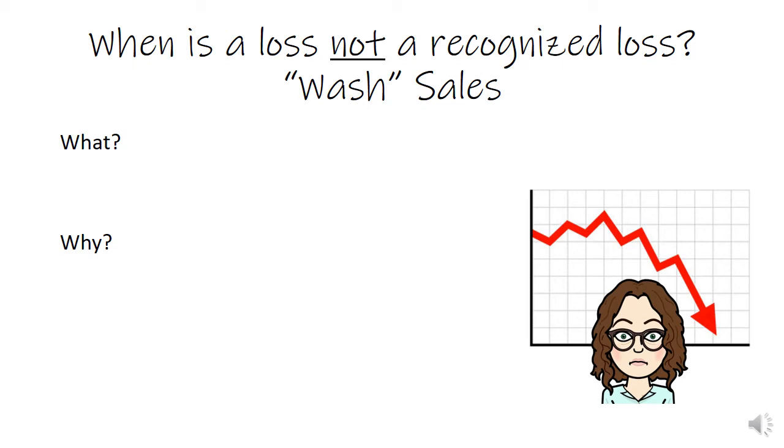Another example of a disallowed loss is when a wash sale occurs. Effectively, this is a loss that's incurred when a stockholder short sells their own stock. Here's an example. Assume you owned Boeing stock back in 2019 before their MAX planes all got grounded.